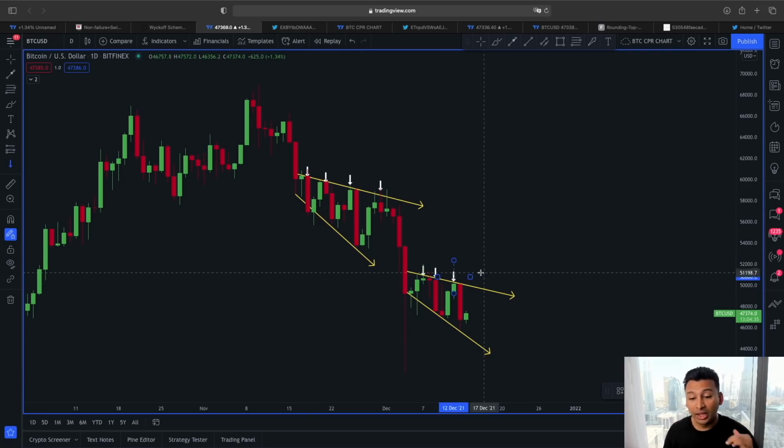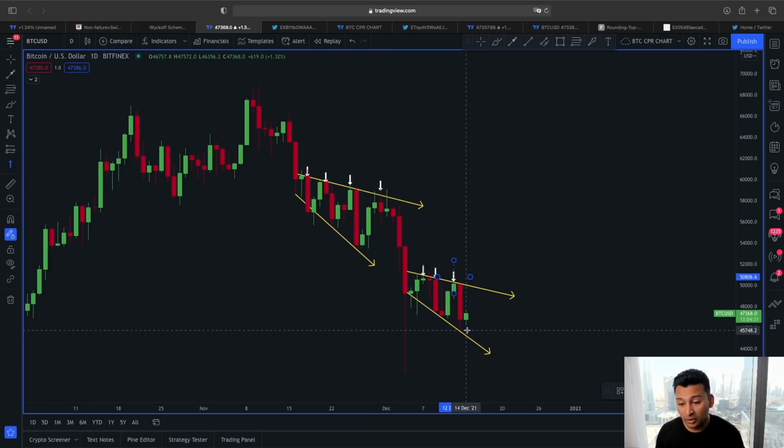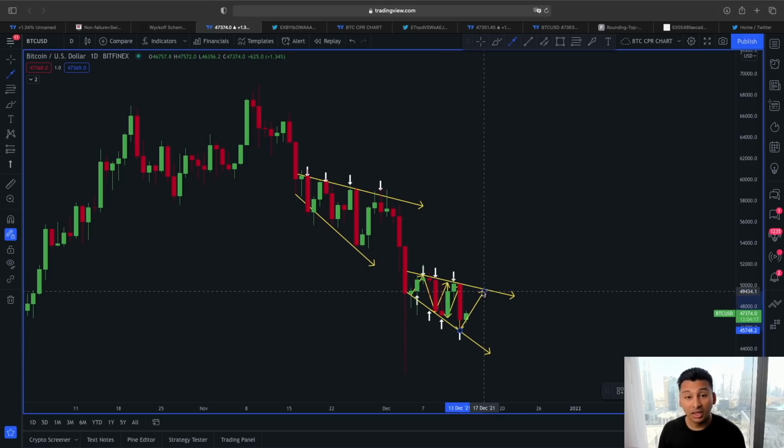So right now, if the support is going to be there, around this 45,000 area, around this lower line area of the descending broadening wedge, and if we are going to see a movement in this manner, then the price should be getting attracted again towards this 49,000 range, where the upper line area of the descending broadening wedge is.